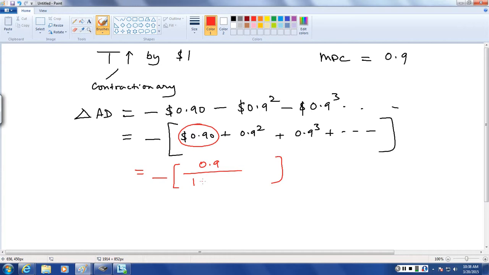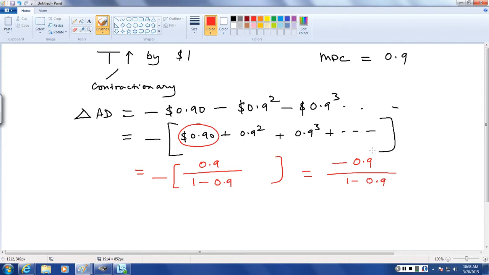What's the factor of the series? Come on. 0.9, isn't it? And if you remove those square brackets, you basically write negative 0.9 divided by 1 minus 0.9. Yes?